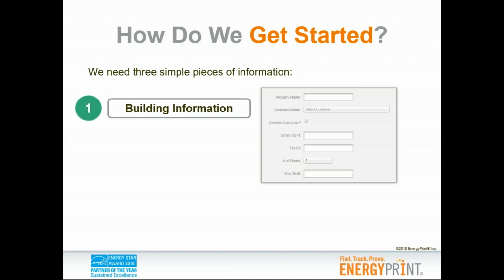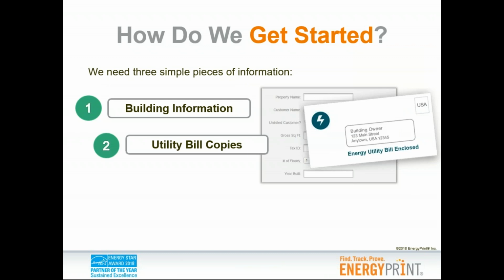First, we need to know about the building you'd like to add. We provide an onboarding worksheet, and you can fill out the property name, address, gross square footage, tax ID, and year built, along with other pieces of information. Second, we need to know what you would like us to track, and we get that information from recent utility bills.